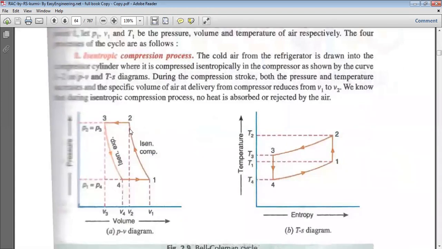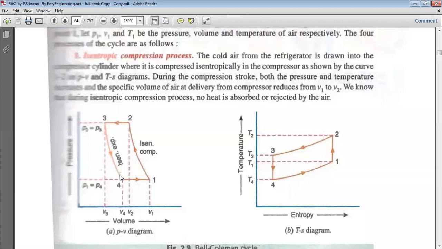1-2 is isentropic compression. 2-3 is constant pressure heat rejection in the cooler. Whenever heat is rejected, the air temperature will be decreased, keeping the pressure constant, that is the constant pressure line 2-3. 3-4 is isentropic expansion.